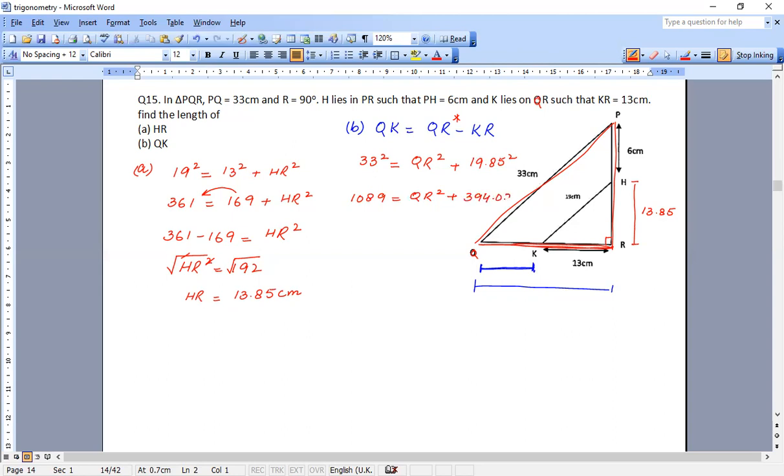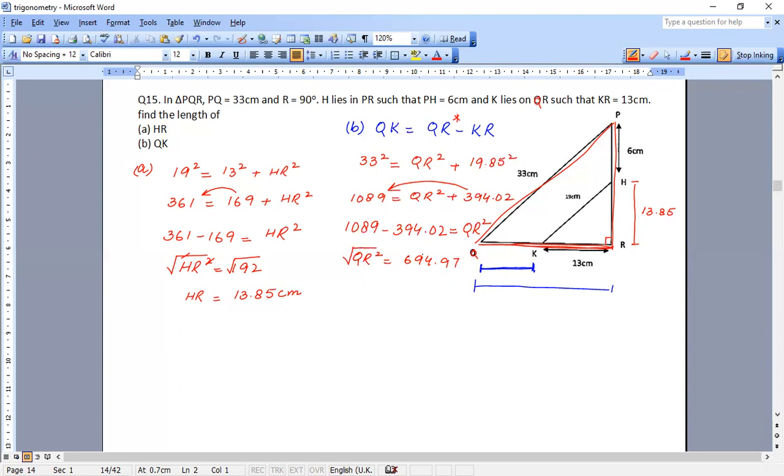I'll move this value over and subtract from 1089. 1089 minus 394.02 is equal to QR square. When I subtract, I get 694.97. So QR square is equal to 694.97.